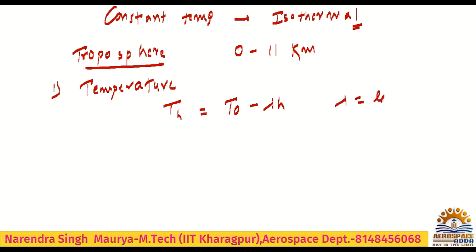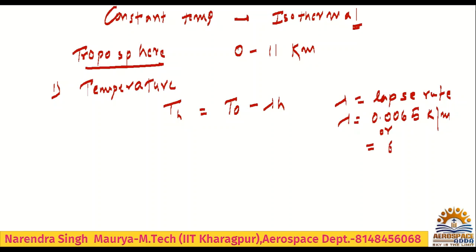It is the lapse rate. What is the value? 0.0065 Kelvin per meter, or 6.5 Kelvin per kilometer, meaning if you go 1 kilometer upward, the temperature will fall by 6.5 Kelvin. That's the meaning of lapse rate.